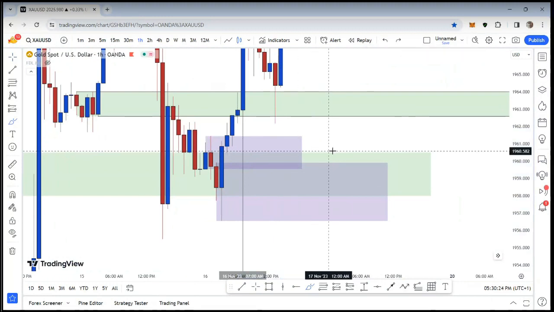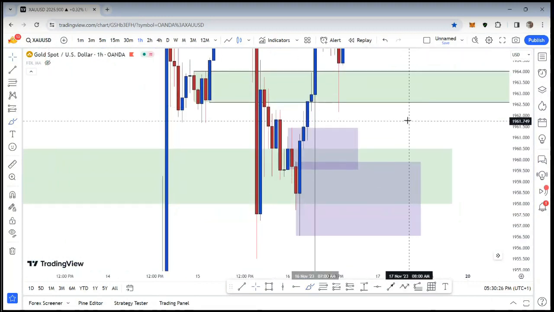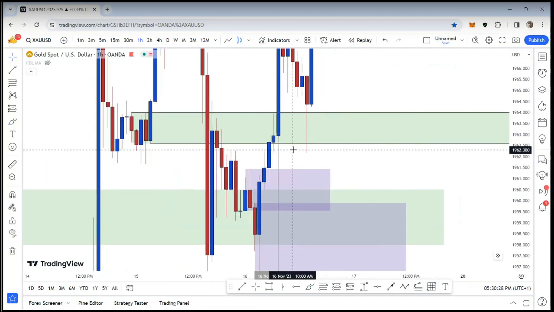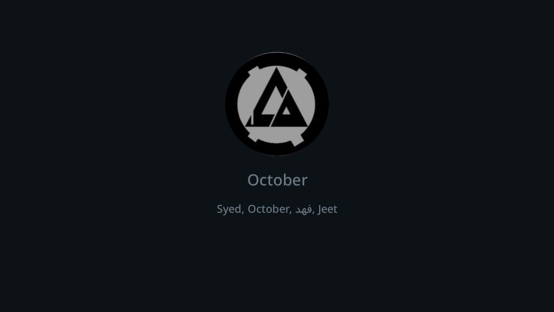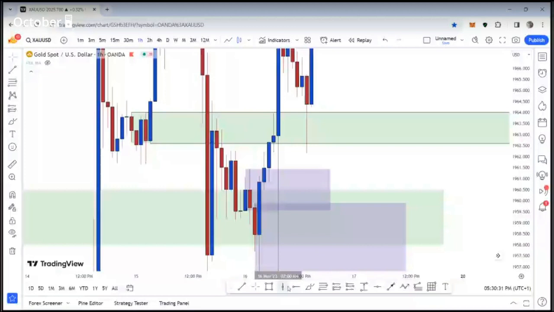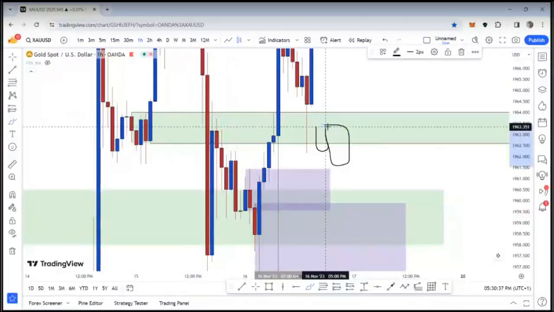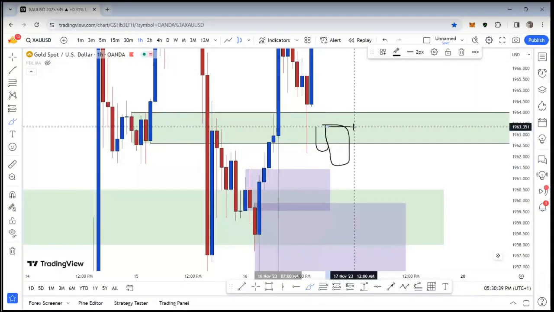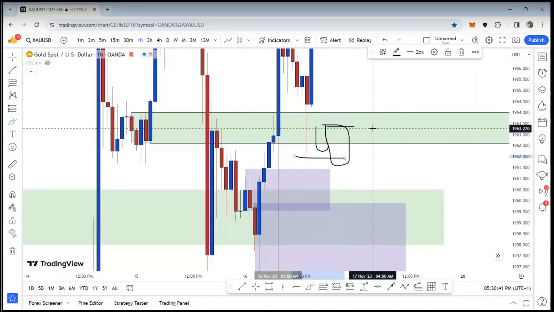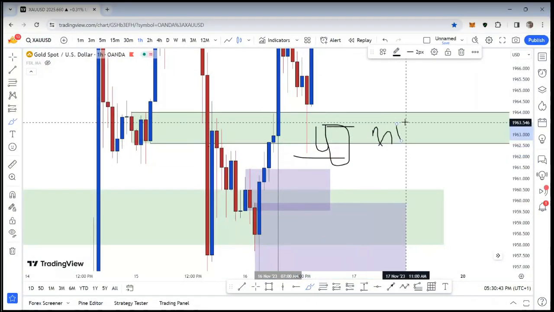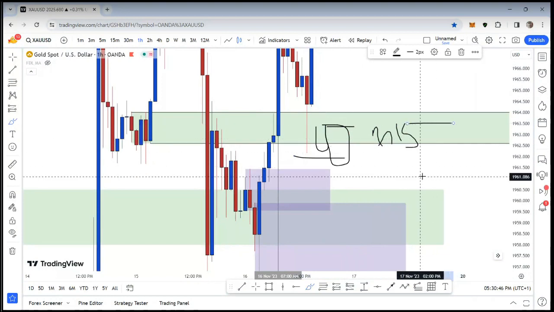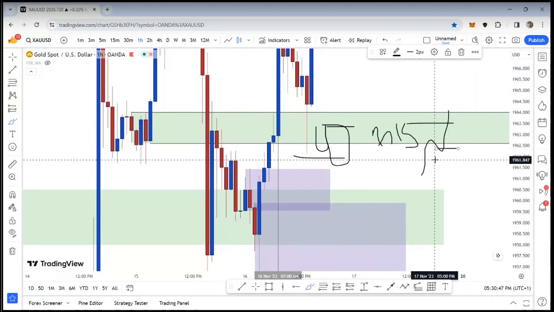Now, since price actually closed as a bullish candle, you can wait for an engulfing sell on H1 to form, or you can go down to your M15 and wait for a change of storyline to happen.